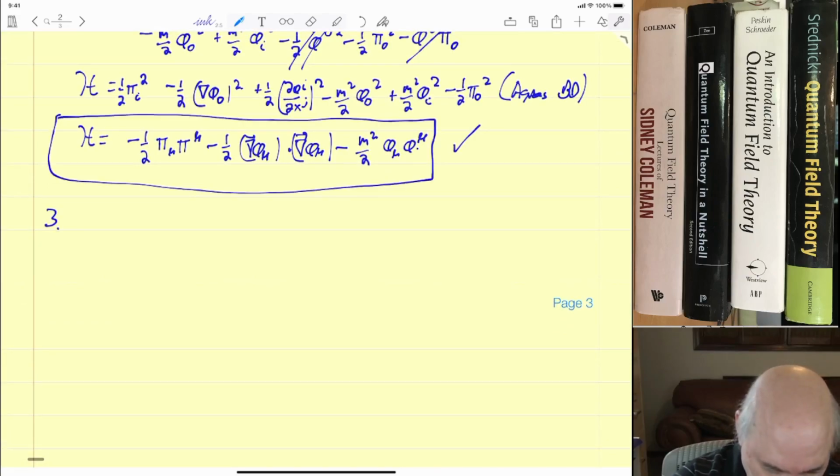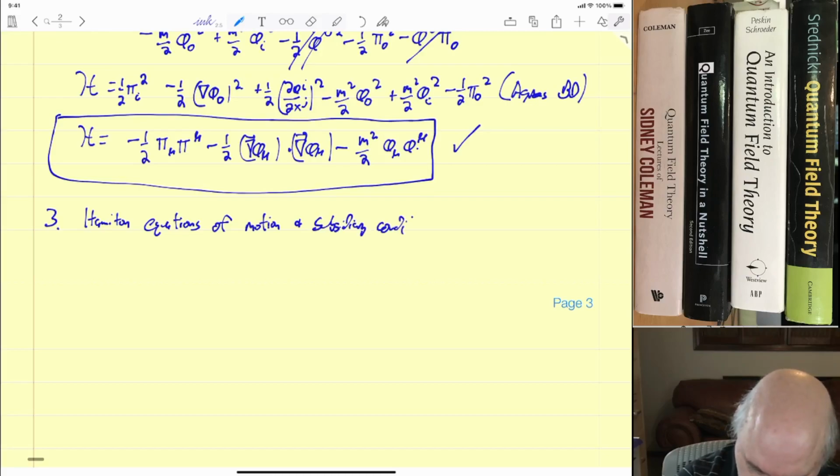Now, finally, we want to get the Hamilton equations of motion. And here we can use the subsidiary, or at least verify the subsidiary condition, and we want to reproduce the original wave equation.